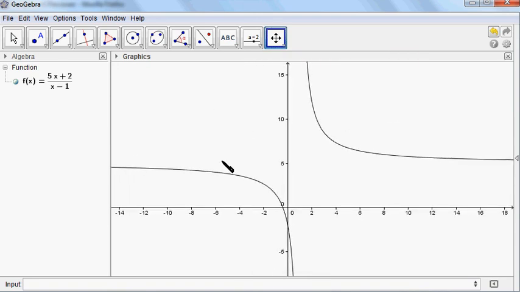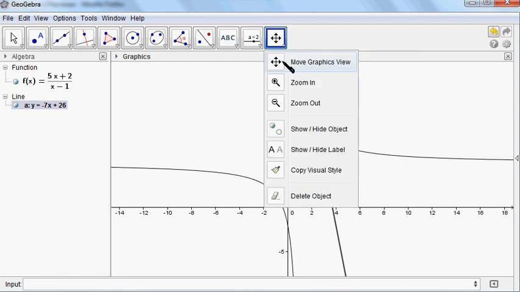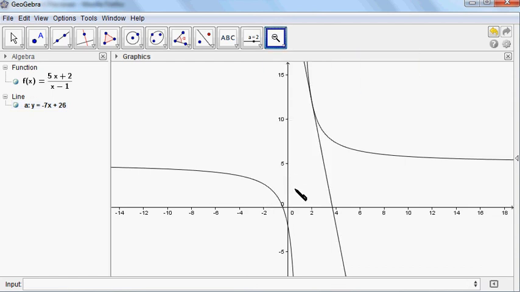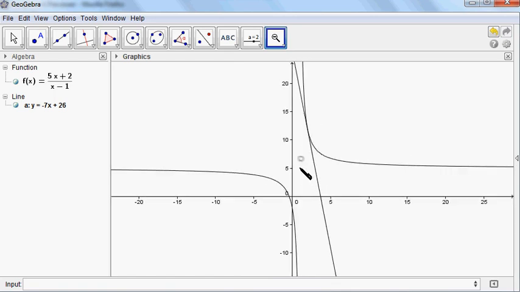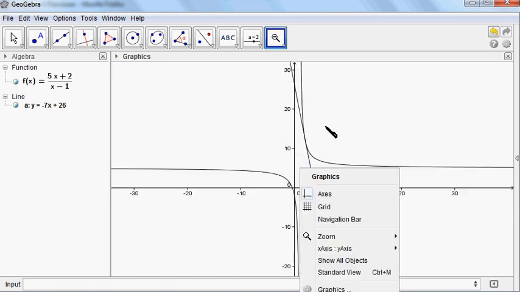Then the tangent line would be y equals negative 7x plus 26. Then hit enter. So we have that. Maybe zoom out a little bit more. All right, so we can see the picture.